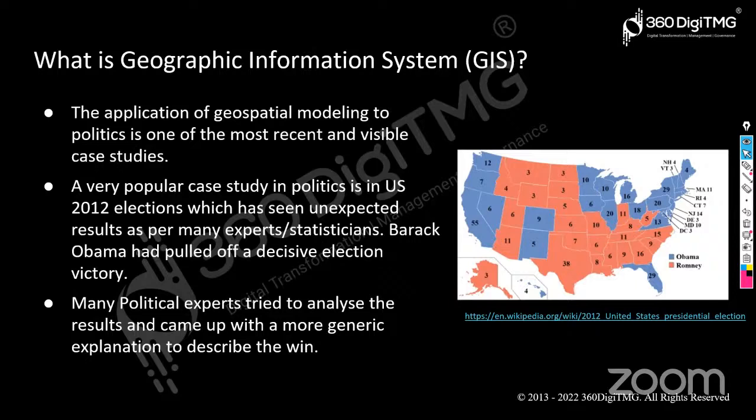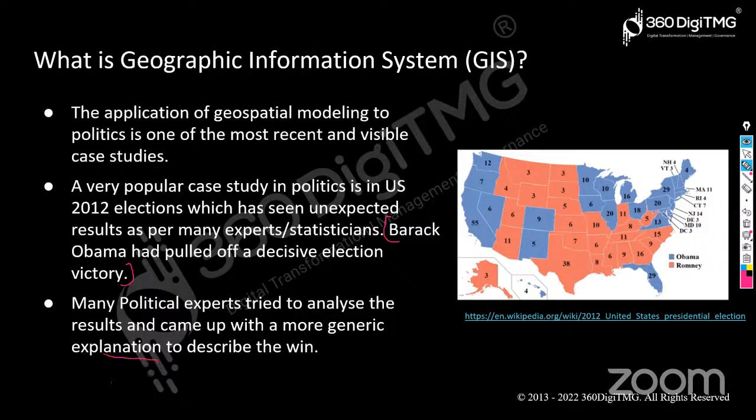The scenario was very tricky in 2012, and Barack Obama won the elections and became the president, right? It was basically explained as if this was more like a fluke. There was no proper explanation, in fact. Many political experts tried to analyze the results, but their explanations were not decisive.